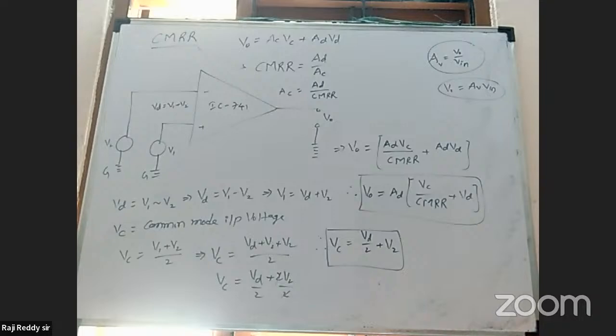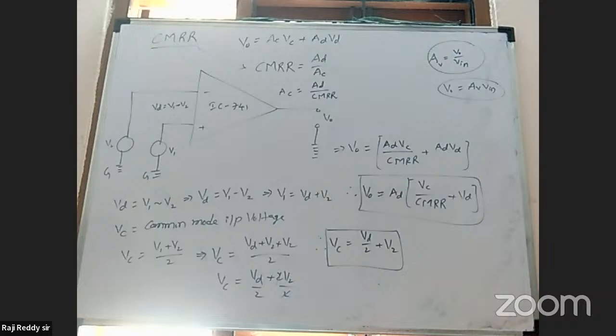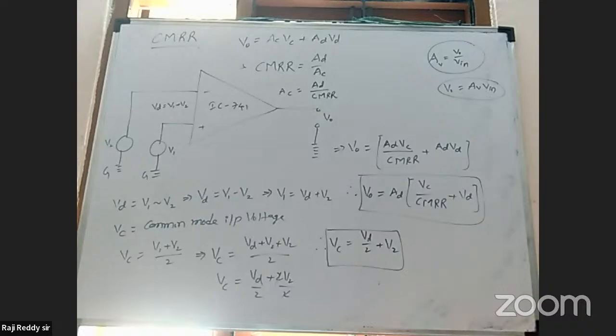Listen: the current across the capacitor plates I is equal to C into dV by dt. From that, dV by dt is equal to I by C. The rate of change of voltage, dV by dt, is equivalent to current divided by the capacitor value.